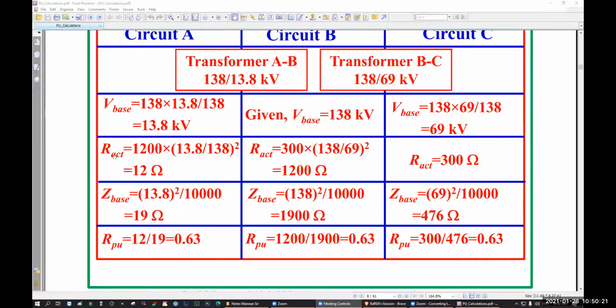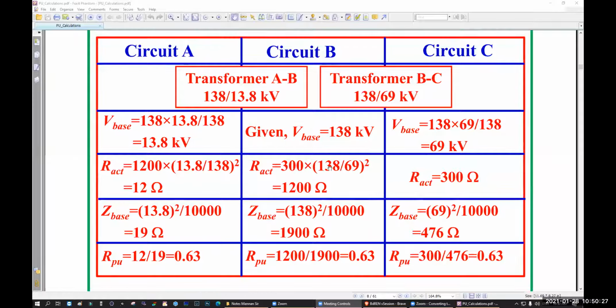So what about your R actual? 300 into 138 divided by 69 square equals 1200 ohm. What about this one? 1200 into 13.8 divided by 138 square equals 12 ohm. What do you mean by this? This one is pretty important to understand.